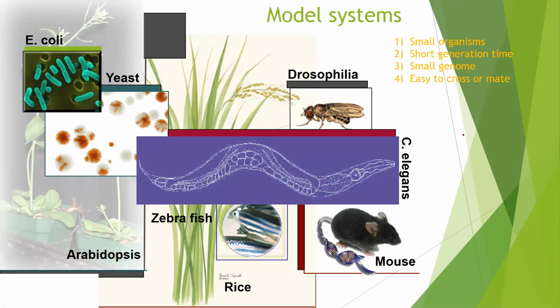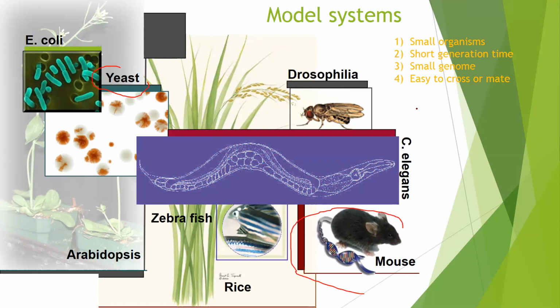I don't want to spend too much time on this slide, because in genetics, if we want to test some hypothesis, we need to do experiments. Then we leverage something called the model system, the small animals that we can use to test our hypothesis. For example, the small ones include E. coli or yeast, and the bigger ones include mouse, Drosophila, and rice.